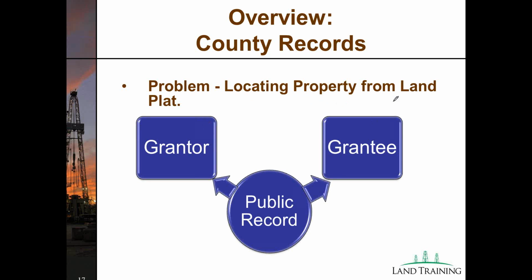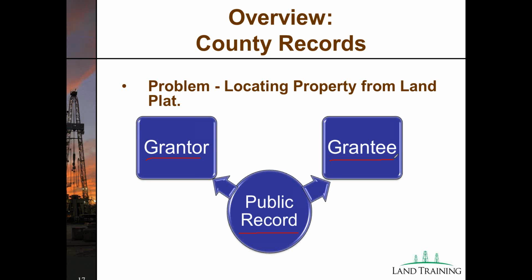So how in the world do you find out who owns the records if all that's in the county courthouse is a grantor-grantee indices? You don't even know who the grantor is. You don't even know who the grantee is. So what do you do? Well, you go to the abstract office or the county appraisal district.